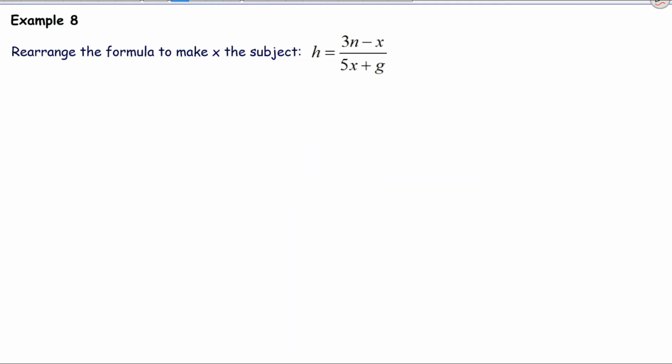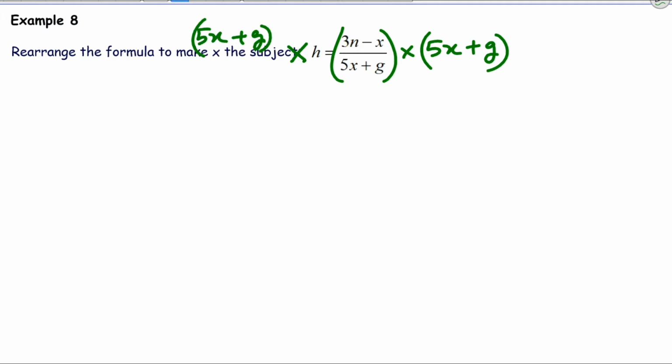Okay, last question. Rearrange to make x the subject. The first step will be to multiply all of this by 5x plus g. Multiply this by 5x plus g. And 5x plus g divided by 5x plus g will be equal to 1.